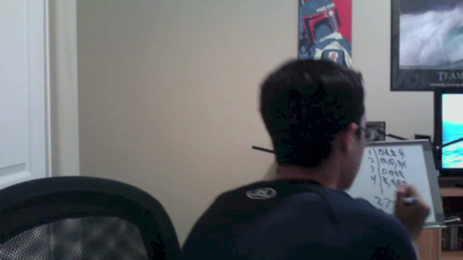So what we do is add 24 plus 30, and we would get 54. Now 54 divided by 2 equals 27, and that's the answer. 27. Yeah, 27. And that's the answer to this.